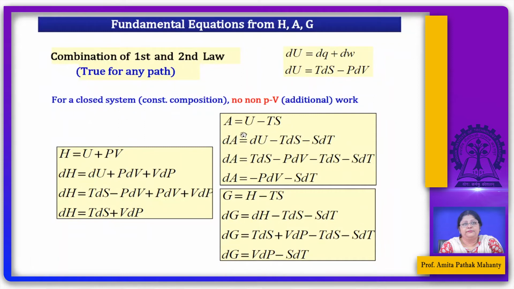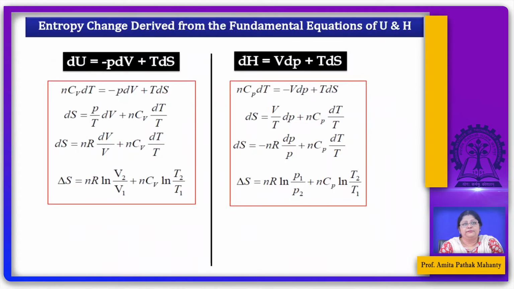Differentiating throughout, you substitute the value of dU, and you get the new equation, which is the fundamental equation in terms of the thermodynamic potential A. Similarly, from the definition of delta G, you have another equation of the thermodynamic potential G. So these are the four equations of the four thermodynamic potentials or energy terms, and these are known as the four fundamental equations.